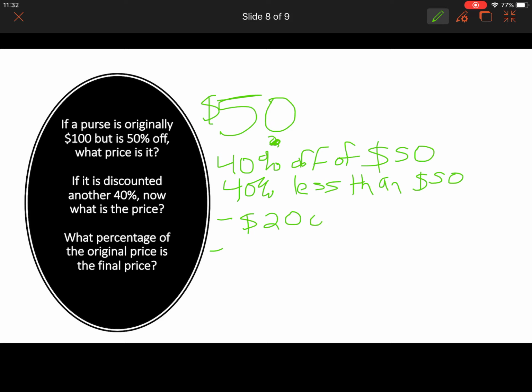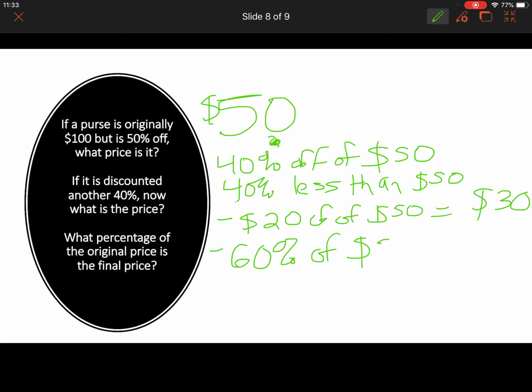So this is either $20 off of 50 by saying 0.40 times 50. And that's a great way to work this, and I get 30. Or what we could say is if it's 40% less than 50, remember that combining to 100% we said a second ago? What I'm actually paying is 60% of 50, which again would give me that $30.